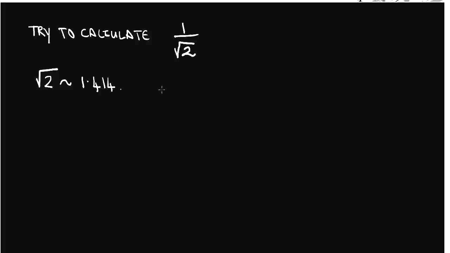Yeah, we say approximately equal to 1.414 because it is an irrational number, so it's 1.1414 going on forever and not repeating. So then we try and do the sum, we try and divide 1 by root 2. You don't divide 1 by 1.414, it's a bit tricky, but it's very tricky.